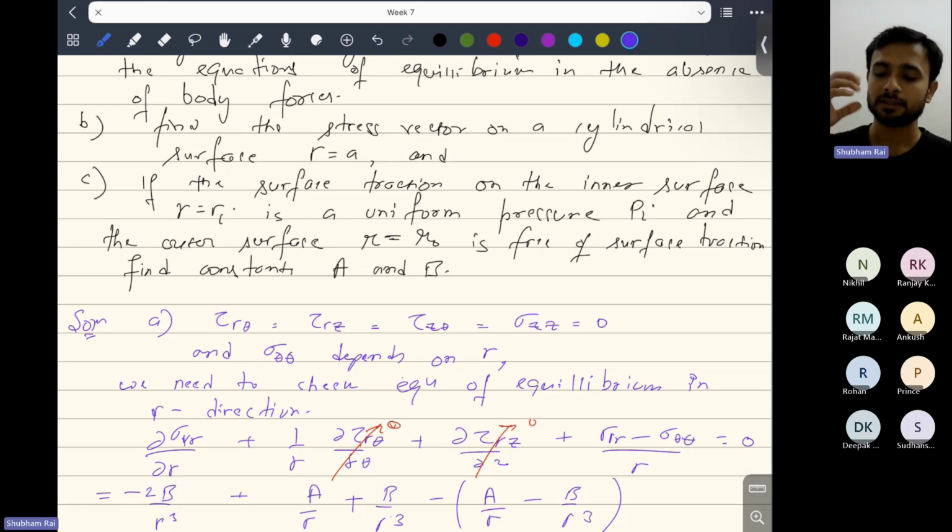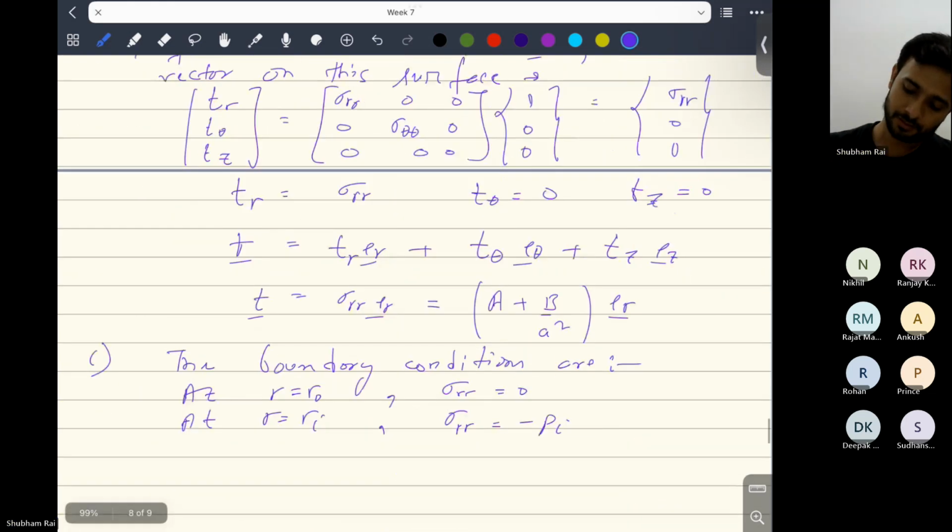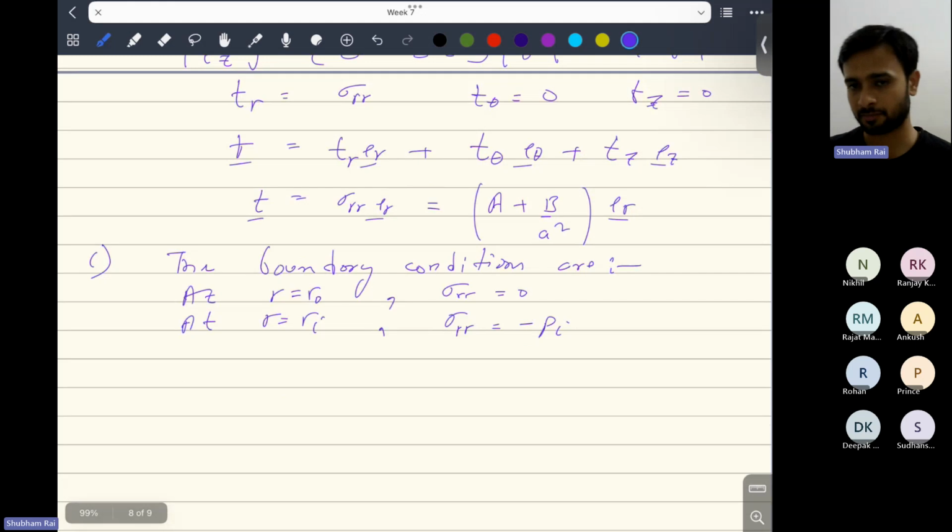It will not actually be an outward normal on the inner surface, but an inward normal. So that will be in the minus e_r direction. So that's why it will be minus p_i times e_r. So that's why I've taken minus p_i.